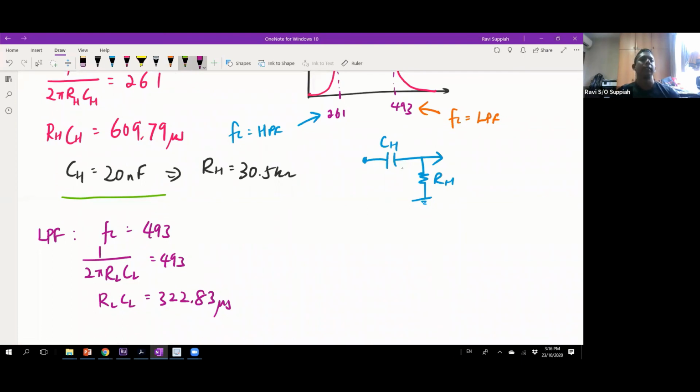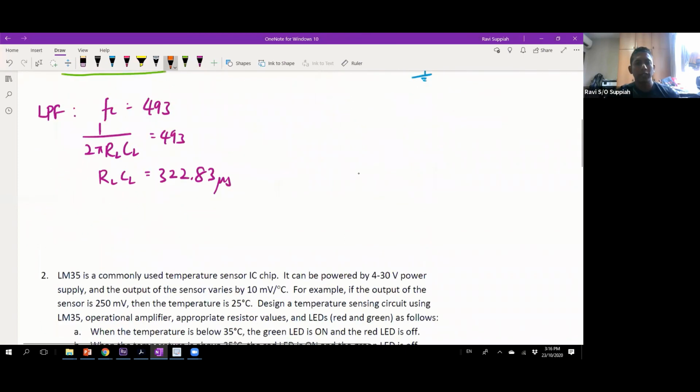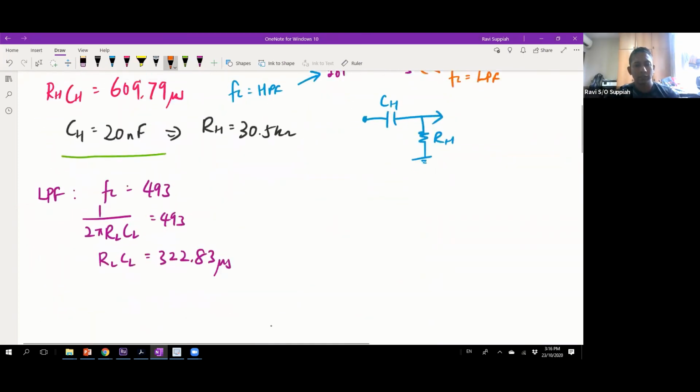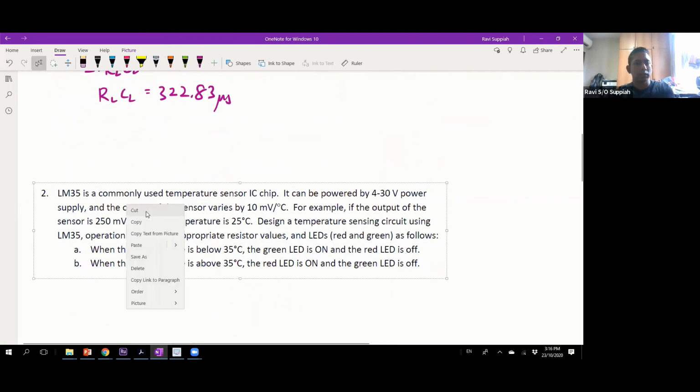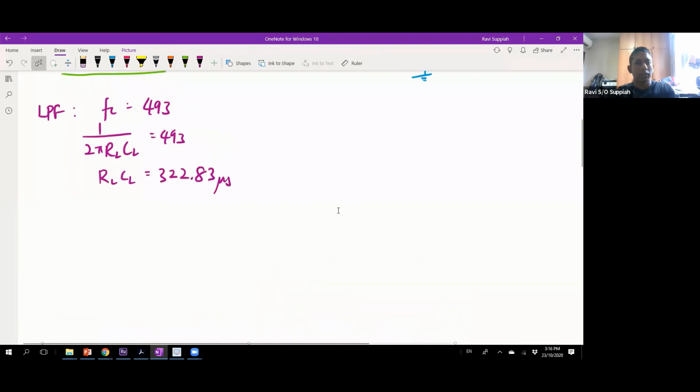But this is the thing you need to be careful about. If you remember the last tutorial, we talked about the loading effect. If you look at the whole filter design, there is a capacitor and a resistor, and that is the high pass filter part.